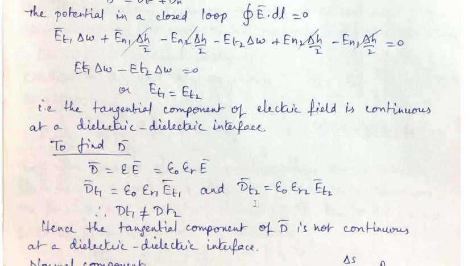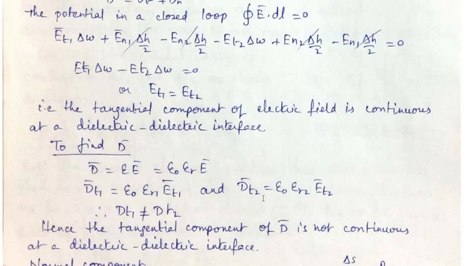Next we need to solve for the tangential components of D, that is the electric flux density. So for doing this we can use the relationship between D and E. So D is equal to epsilon into E, or epsilon can be expanded as epsilon naught and epsilon r into E. So to find Dt1 we can write epsilon naught epsilon r1 into Et1.